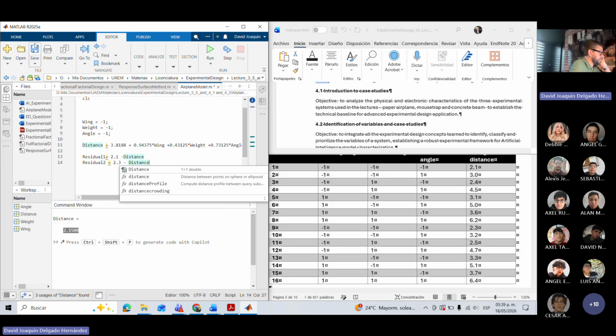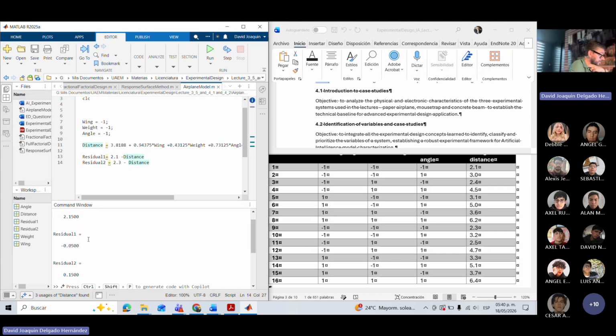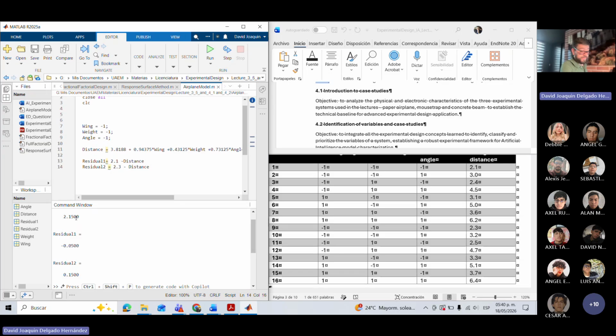Okay, so let us run it again. Look, one residual is minus 0.05 and the other is 0.15. Okay, because the actual value is 2.3 and the result of the distance is 2.15. So the difference between these two values is exactly this quantity, 0.15. Okay, let us now look, for instance, at rule number 8.